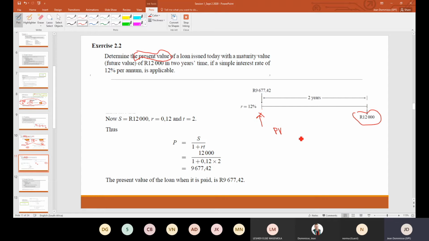For simple interest, you can't use the formulas on your HP or your Sharp or any of that. So unfortunately, you need to use the formulas.